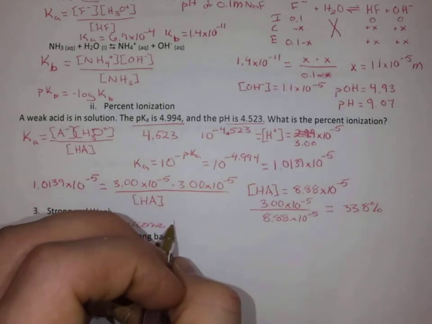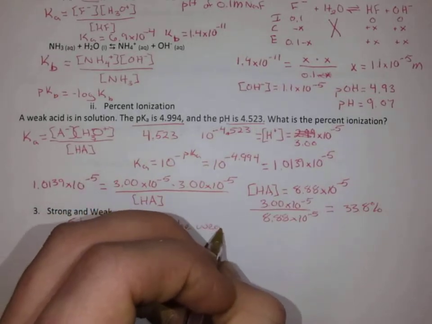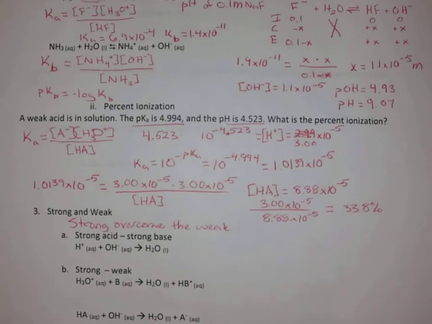Strong overcomes the weak. So if we have a strong acid and a weak base, the strong acid is going to win, okay? If we have a strong acid and a strong base, really the reaction that we have is H plus and OH minus goes to H2O, right? The pH is really just determined by that excess reactant.